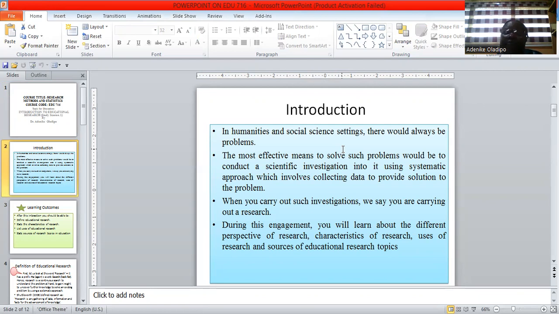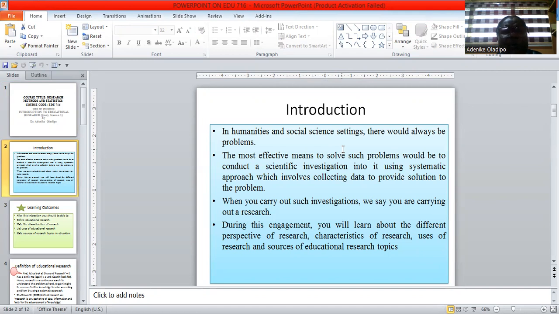The most effective means to solve such problems, therefore, would be to conduct a scientific investigation into such problems using a systematic approach, which involves collecting data to provide solutions.